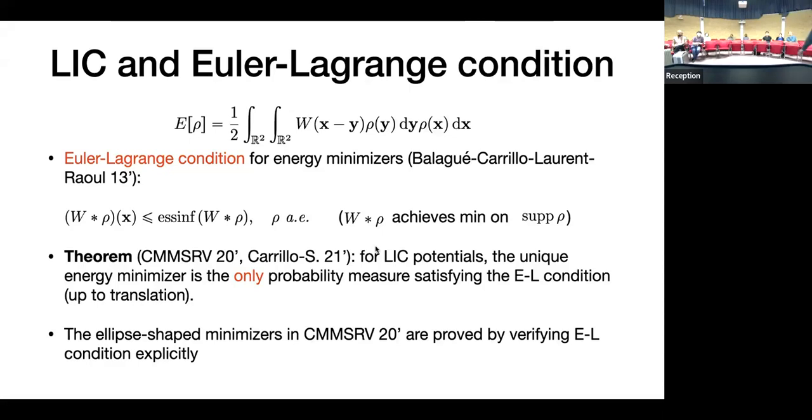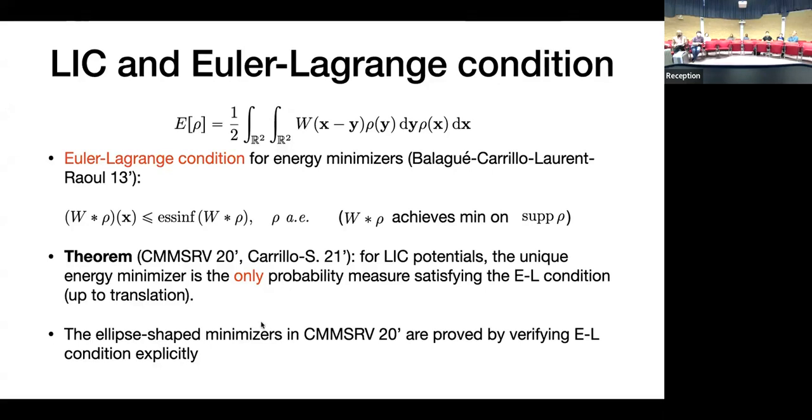And the important thing about potentials with linear interpolation convexity is that this Euler-Lagrange condition is also sufficient in this case. That is to say that the unique energy minimizer is the only probability measure satisfying this condition in the case of LIC. Okay, so this was observed for this kind of anisotropic potential in this work by Carrillo and co-authors, and also a work of Carrillo and myself used a similar thing in the context of isotropic potentials.